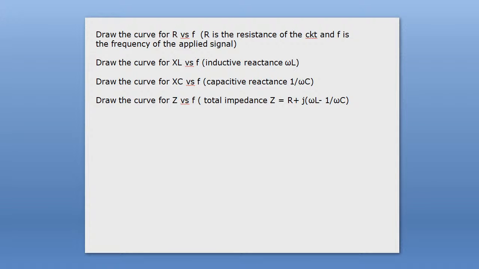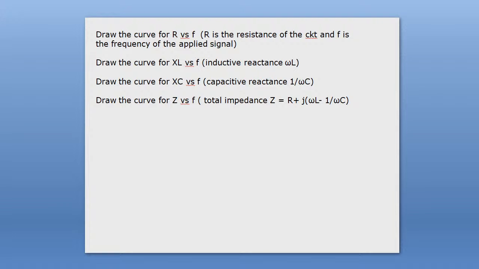For resistance the graph is somewhat, oh no Saiba, for R versus F it will be linear. Thank you, Nivedita, you are right, because R is independent of frequency. R is not a function of frequency. So whatever the value of frequency, R will be the same value. That means it is constant over the whole frequency range.